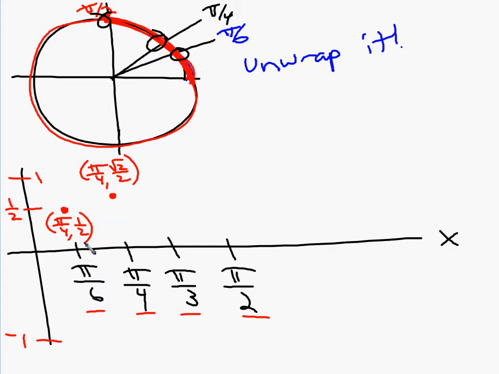And then on your chart, we found that the sine of pi thirds is radical 3/2. So we're going to come up even a little bit farther.